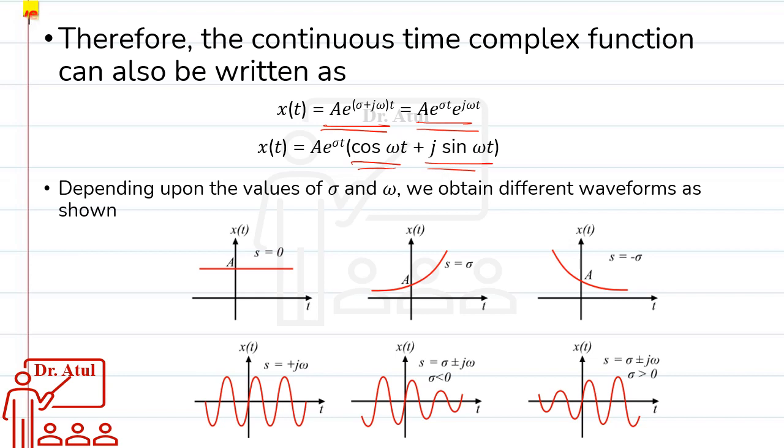So this e to the power sigma t is now multiplied with sinusoids. There are three possibilities. If s is purely imaginary, it will be a constant sinusoid. If sigma is less than 0, then it will be decreasing. If sigma is greater than 0, then it will be increasing. It depends on the value of sigma.